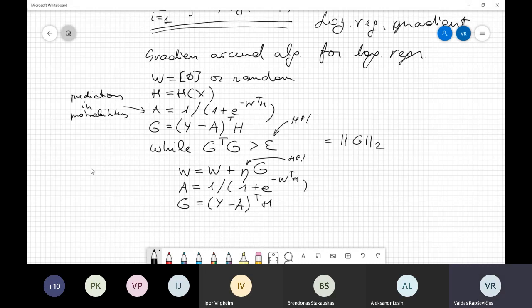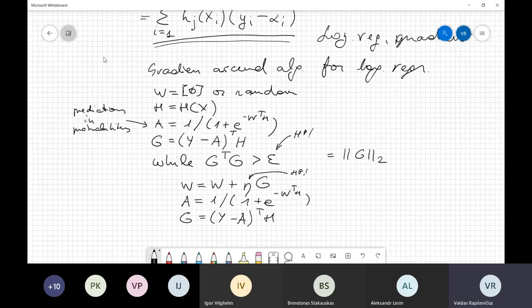Okay, so this is one of the topics I wanted to show you. This is the logistic regression gradient descent algorithm. If you have any questions, please type in or tell me, because now I will be going to a different topic which I want to give you today.